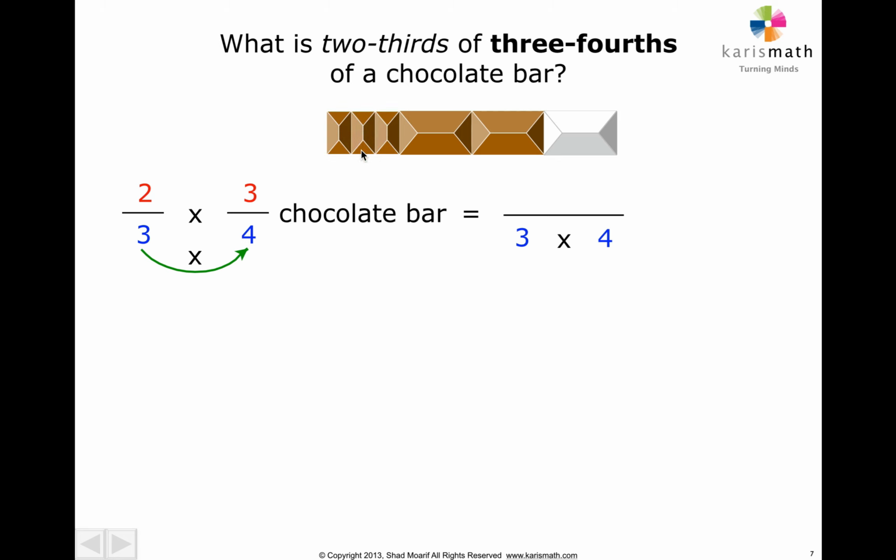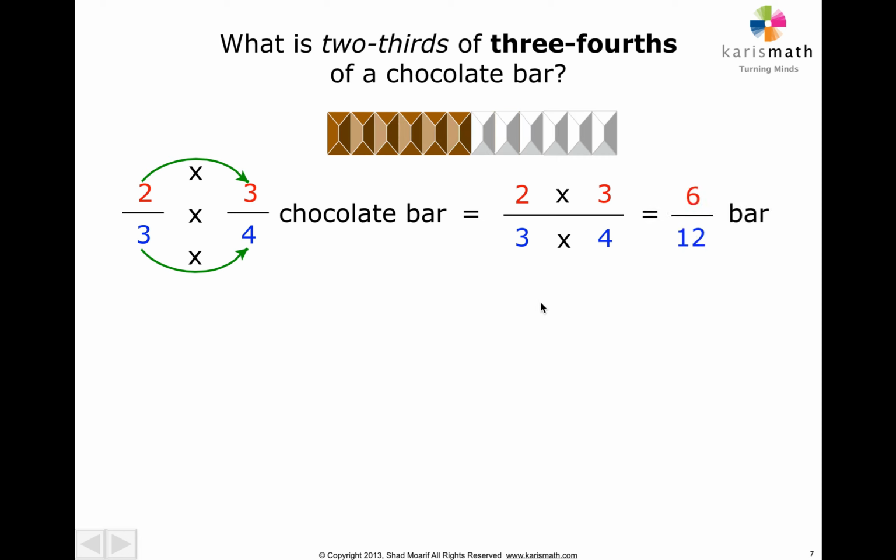Break this into 3 equal parts, break this into 3 equal parts, break this into 3 equal parts, and take 2 of those, right? So you take 2 here, take 2 here, take 2 here. That's 3 times 2, so the answer would be 6/12 if you join them all together. So 6/12 would be exactly half. So that's the answer, half of a chocolate bar.